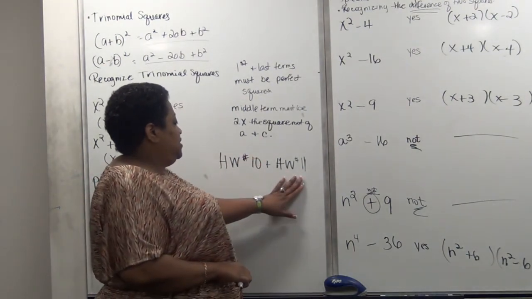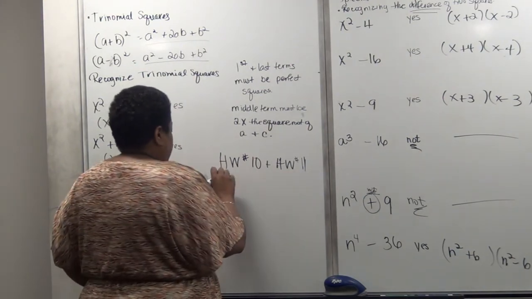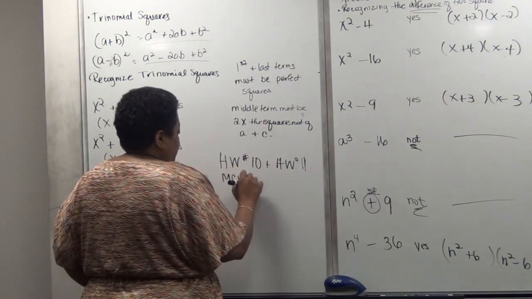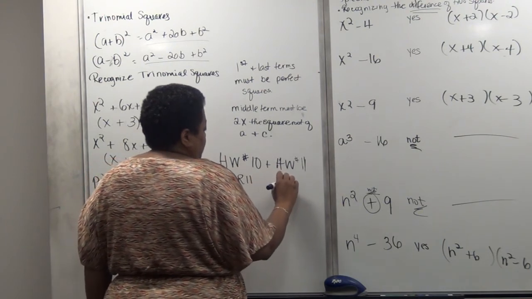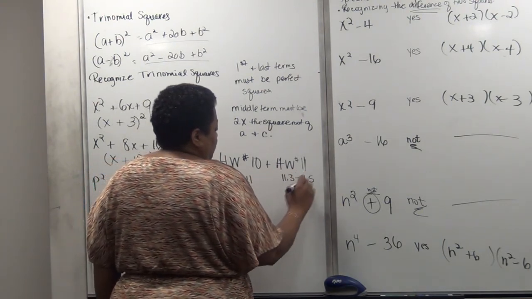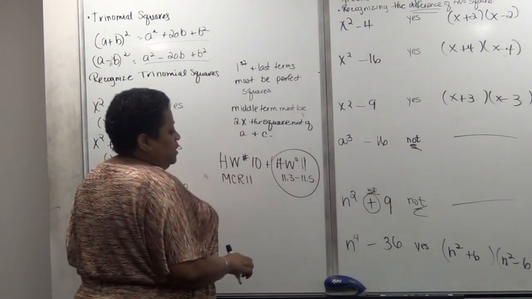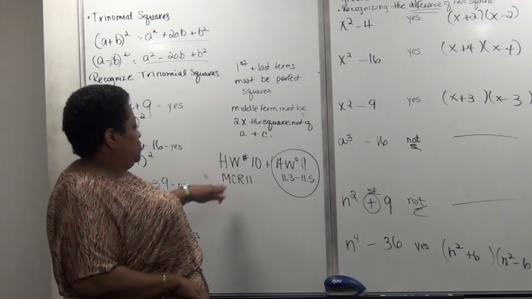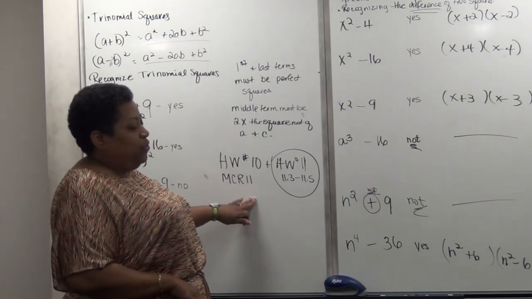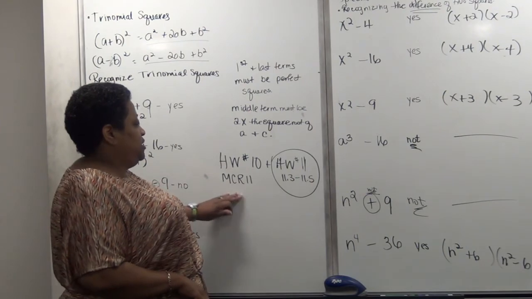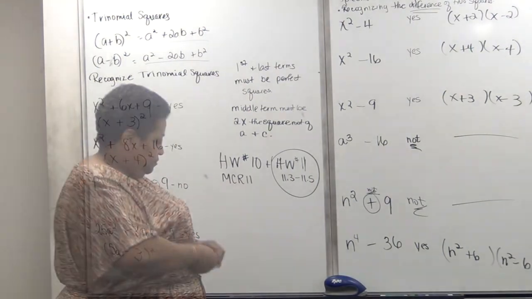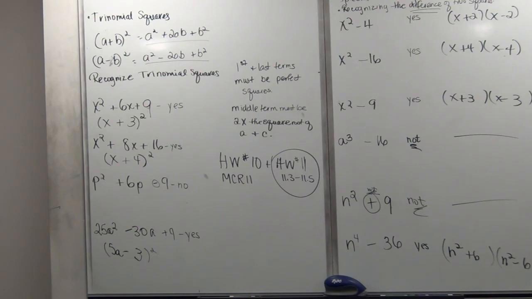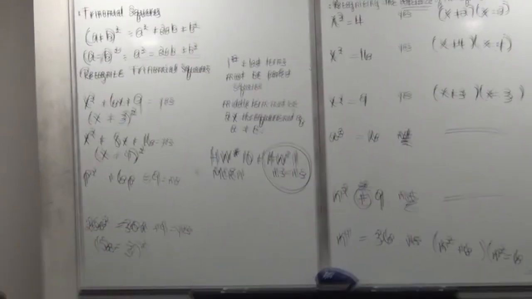And number 11 is 11.3 through 11.5. You might want to do assignment number 11 first, then go back and do this, because this includes 11.1 through 11.4. So you might want to do this one first, then do the second. Oh, 11.5, page 858.